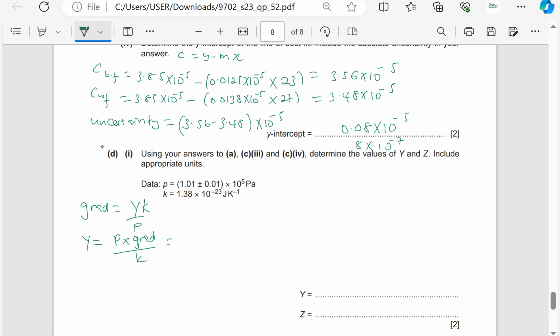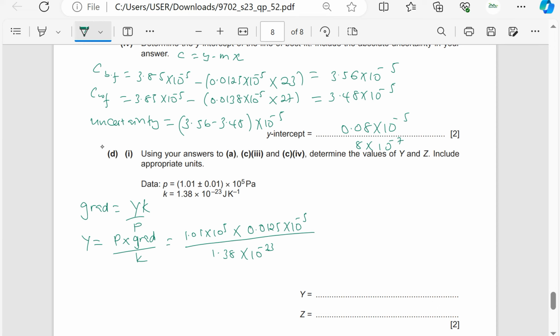So this will be P, which is 1.01 times 10 to the power of 5 pascals times the gradient. Remember, the gradient of the best fit was 0.0125 times 10 to the power of minus 5 divided by K. K is 1.38 times 10 to the power of minus 23.